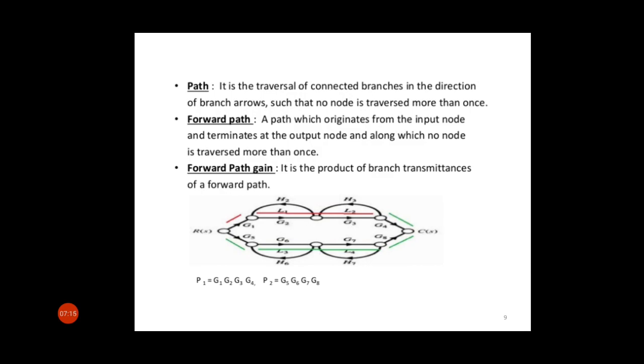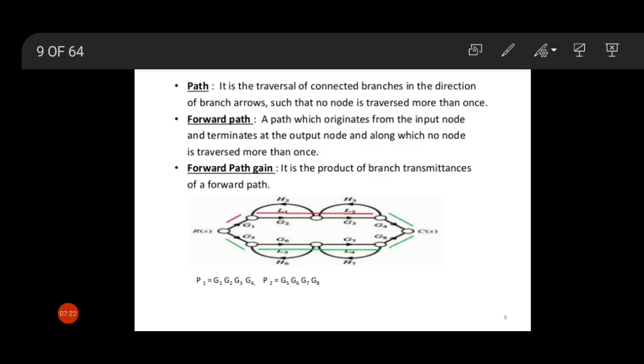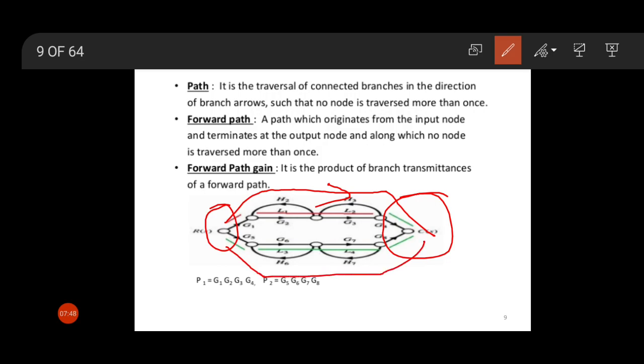If you consider this signal flow graph, the input node is R, and the output node is C, and the nodes are connected in this way. This is our one forward path. So from R to C we are going in this way, or otherwise we are going in this way.